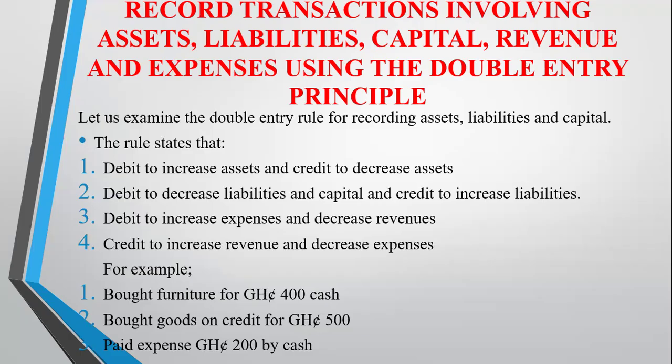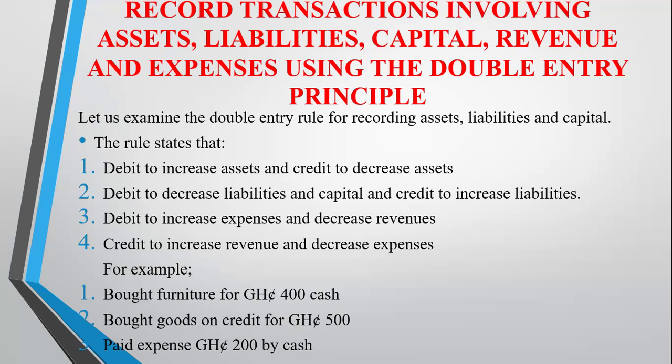The second one is bought goods on credit for 500 cedis. There are two parties involved here. That is the purchases account. Since it is goods, we don't say goods account. We use the purchases account to record goods or inventory.